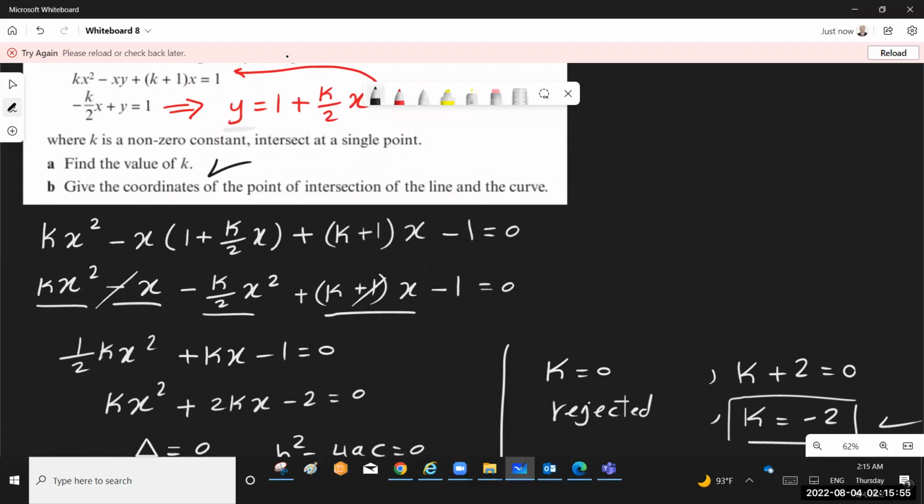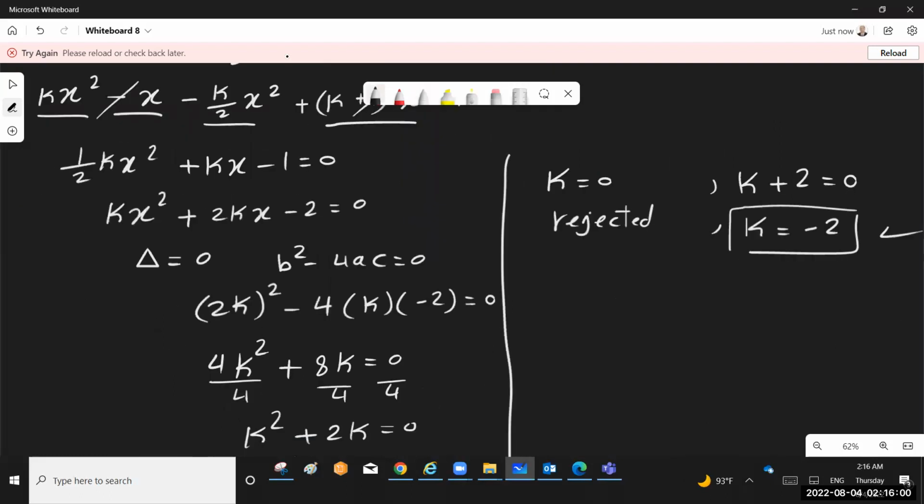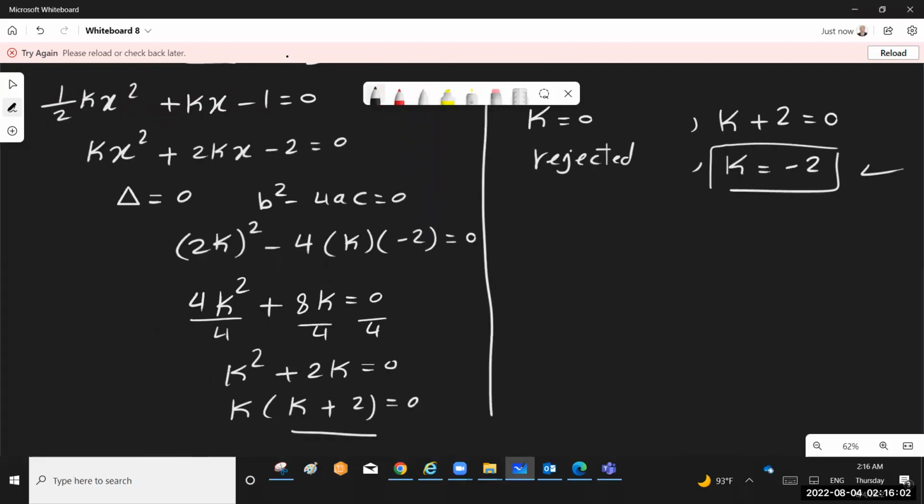Give the coordinates of the point of intersection of the line. So now come to the last equation I solved, this one that I used to get the discriminant. Put k as negative 2 here. You find x.